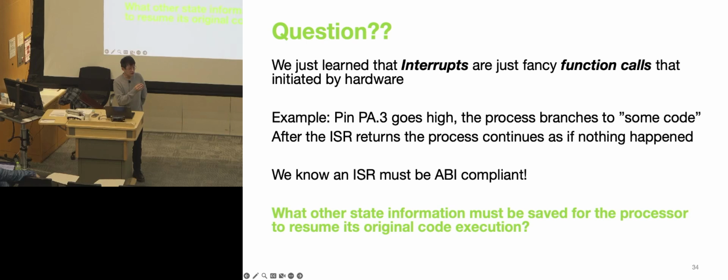Yes, when you're exiting it, you have to make sure those are handled properly. Yes, exactly. So those are, I believe, R0 to R3, which will be saved as the caller-saved registers.